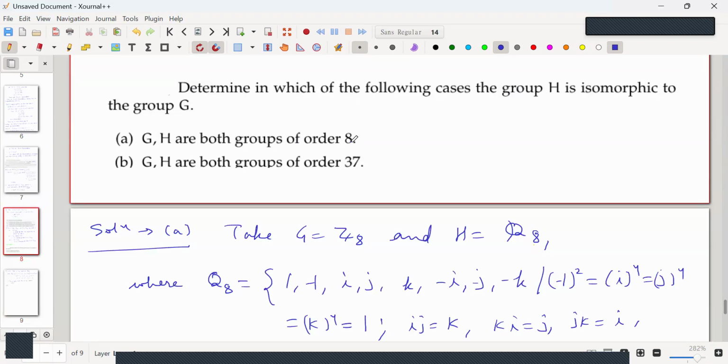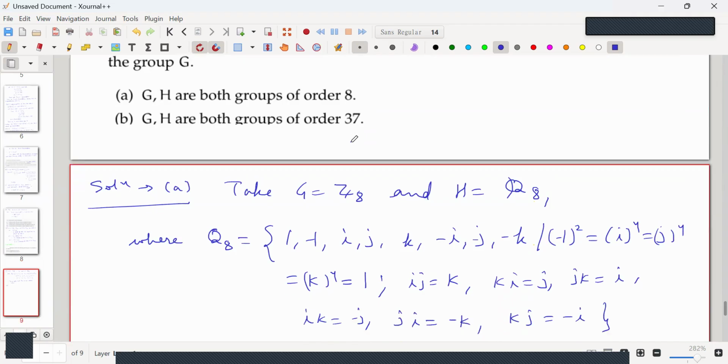Then this would be isomorphic to Q8, right? I couldn't understand. It's the same as the Klein group, but instead of two coordinates, there are three coordinates. So if I consider that group, it would be isomorphic to Q8.